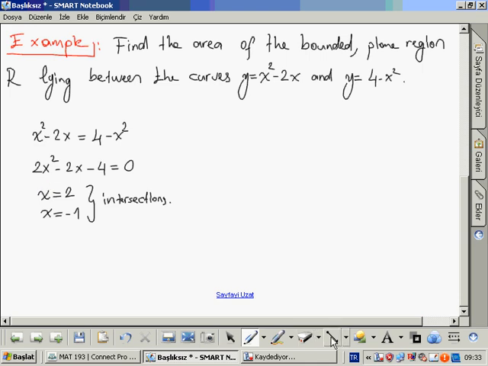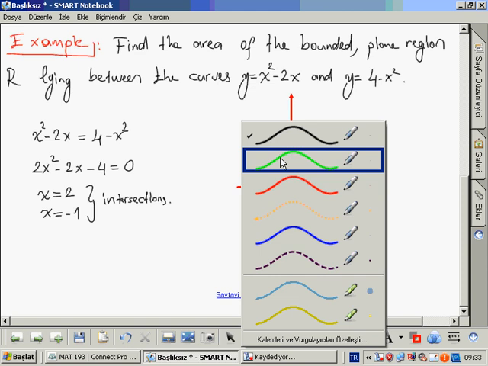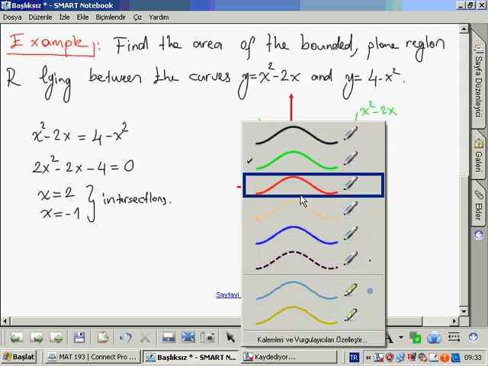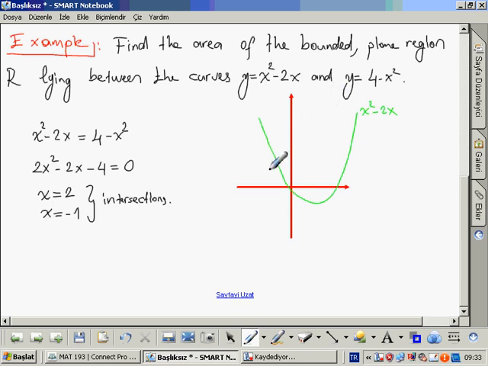Let me sketch on the coordinate system. This is x squared minus 2x, and the blue one is this, the 4 minus x squared.